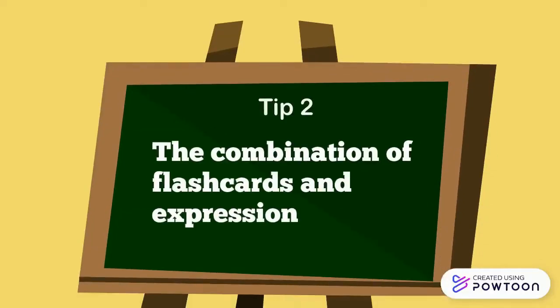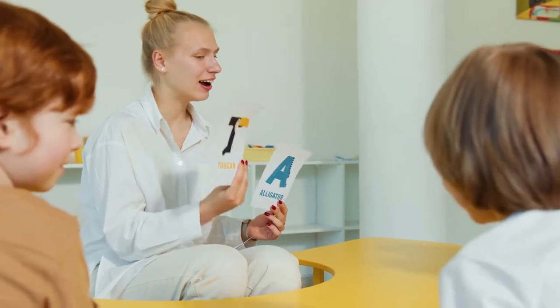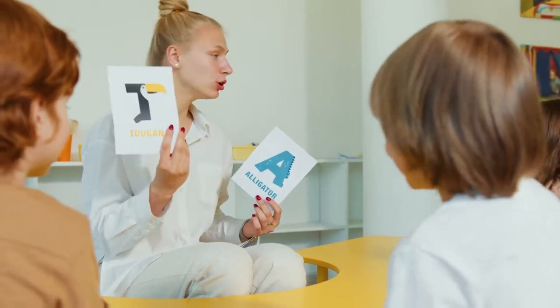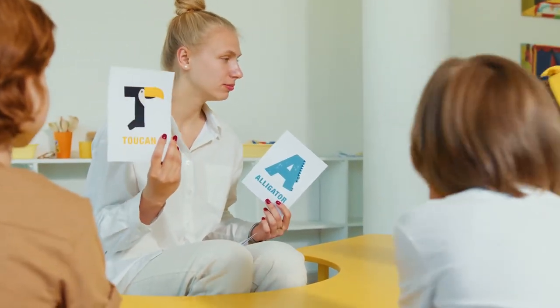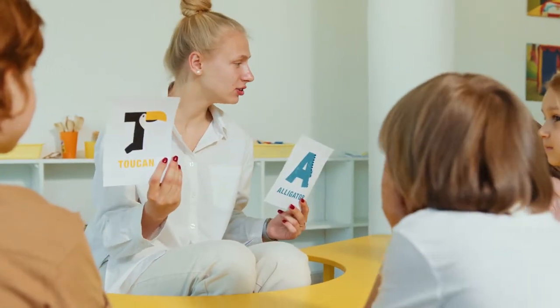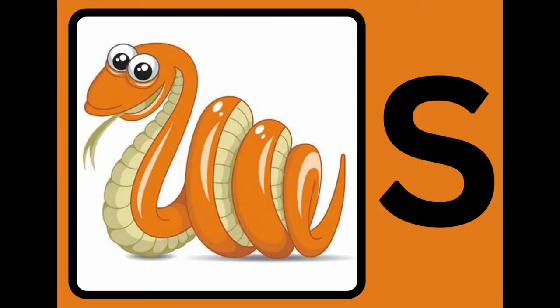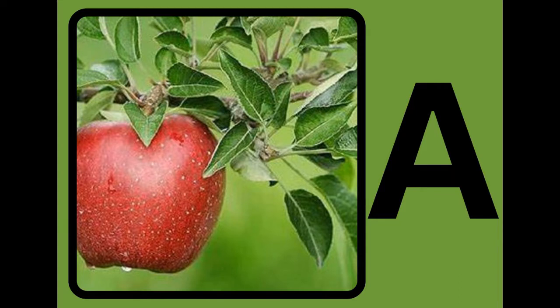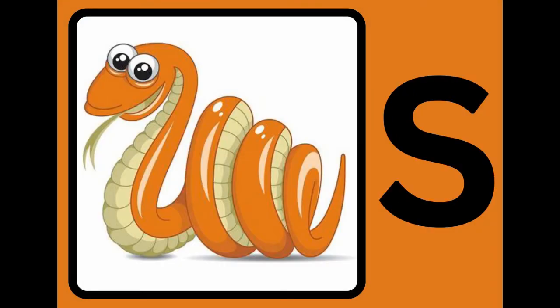Flashcards are a great tool to teach a lot of things to kids. But when it comes to phonics, you should know how to use those flashcards. You cannot just take a snake flashcard and say it's sss, or an apple flashcard and say it's aaa. The kid cannot understand what part of that snake or apple is sss or aaa.